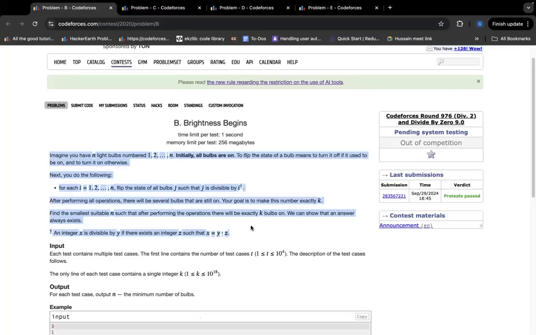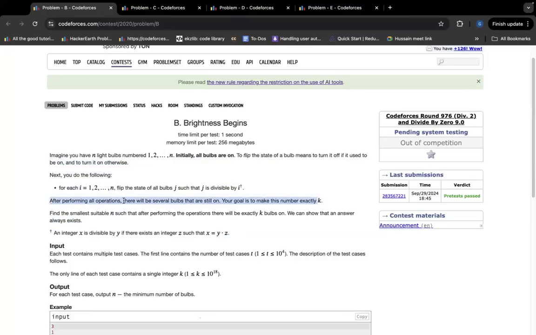So what does this say? Imagine you have n light bulbs 1 to n. Initially, all light bulbs are on. To flip the state of the light bulb means to turn it off if it is on, otherwise to turn it on if it is off. So for every i from 1 to n, you flip the state of all bulbs j such that j is divisible by i.